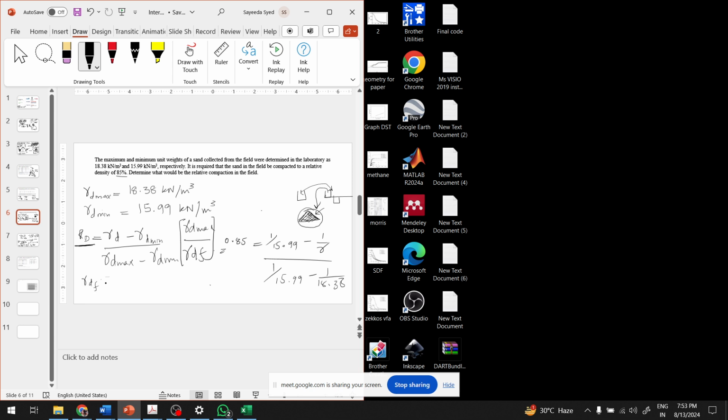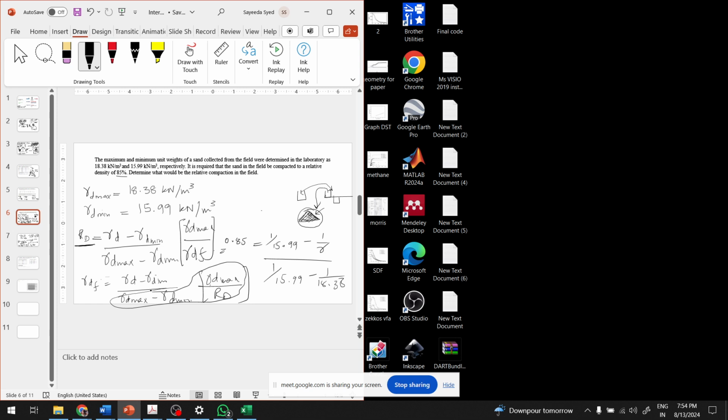Gamma df equals gamma d minus gamma d minimum, over gamma d max minus gamma d minimum, into gamma d max, RD. Okay, let's solve this portion. Gamma d maximum is 18.38 minus 15.99. This is 2.39 into relative density 0.85.